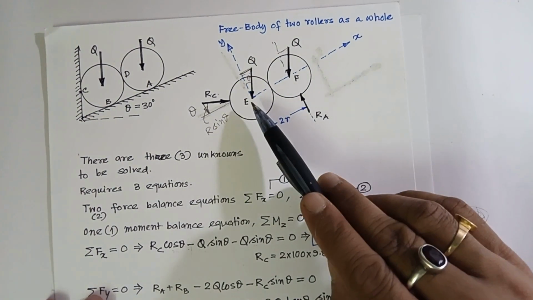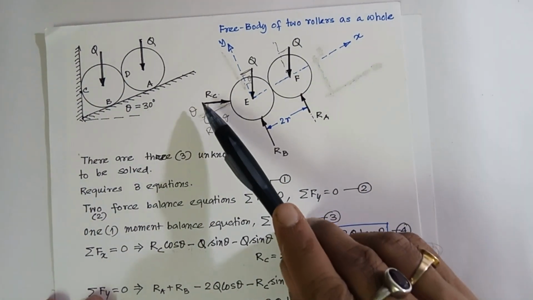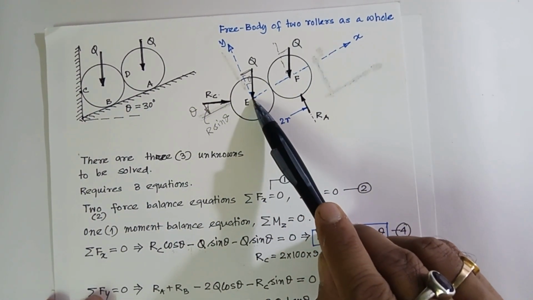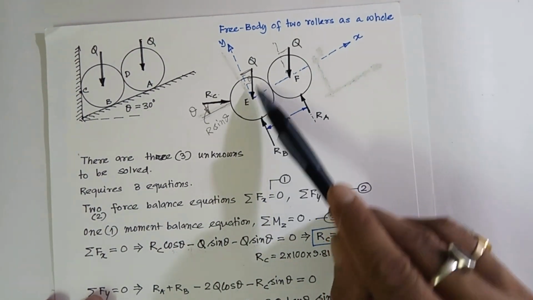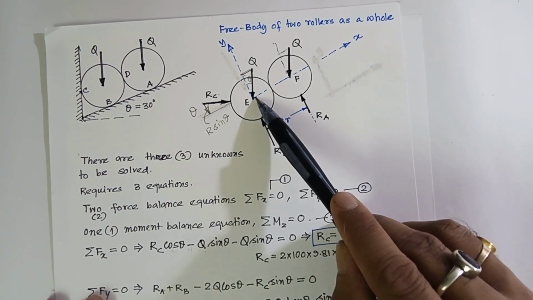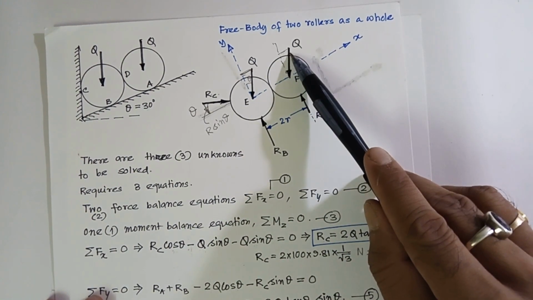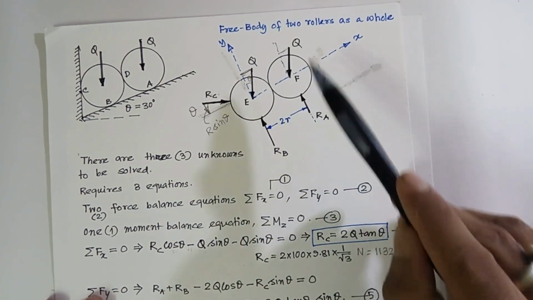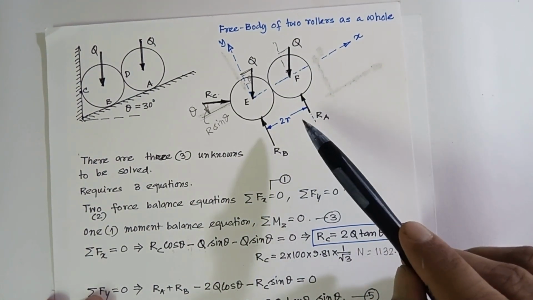So if I take moment about this center, you see that this force is passing through this center, this force is also passing through this center, and this is passing through this center. Therefore these three forces will not be there in the moment equation, only this and this force will be there. So this is unknown and this is known, therefore I can solve for this from the moment equation itself.